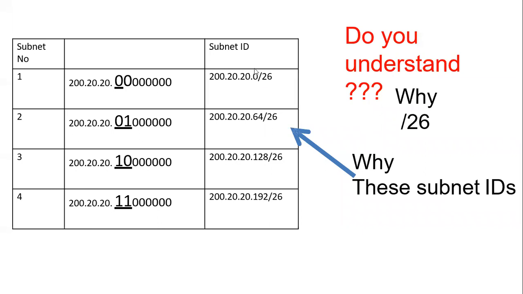The first address allocated here becomes the network ID of subnet 1. This one becomes the ID for subnet 2. And the last address available in a particular subnet becomes your broadcast ID. So in every subnet, 2 addresses are not used. The other IP addresses are available, and those numbers can be used as your host IDs.